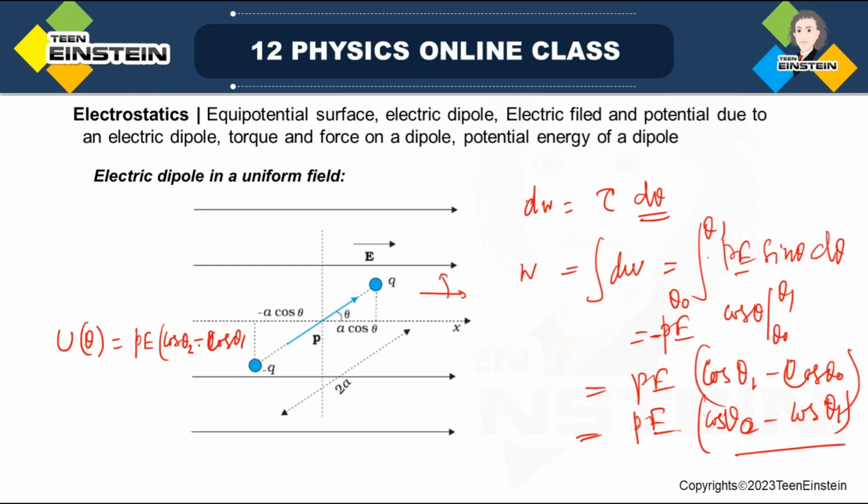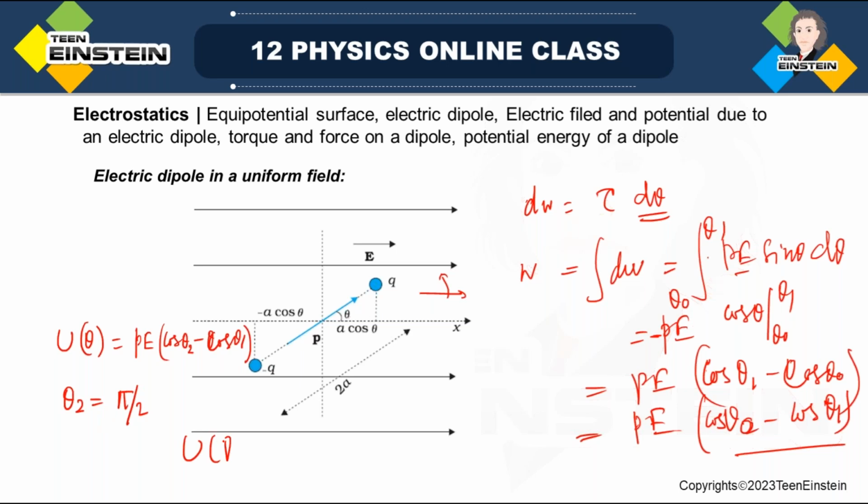So this potential energy could be chosen like position, this theta 2 could be chosen in such a way that the potential energy will be 0 at the reference point. Reference is generally chosen as theta 2 equal to pi by 2.